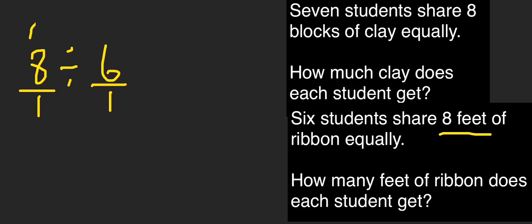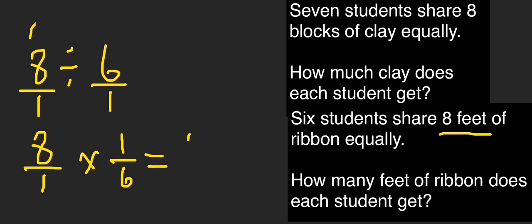Ahora vamos a mantener, cambiar división a multiplicación y voltear 1 de 6. Darle vuelta a la tortilla. Keep, change, flip. Ahora cuando multiplicamos nos da 8 de 6, que es una fracción impropia.